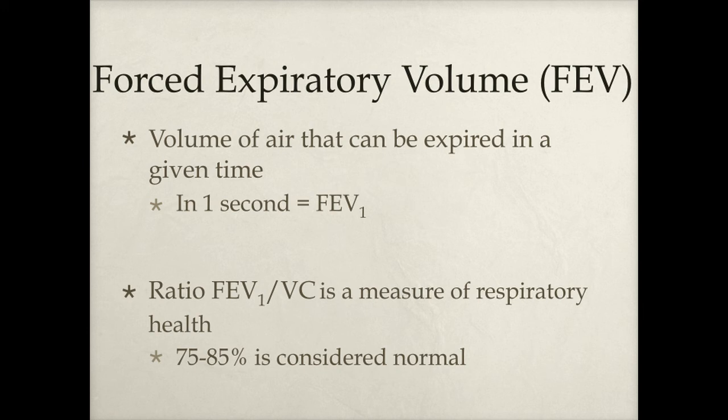That means they're blowing out 75 to 85% of the air in their lungs in that first second. If the percentage is lower than that, then the subject has a decreased or diminished FEV, and that may indicate some type of respiratory problem, perhaps emphysema, chronic bronchitis, or asthma. We'll talk about some of those conditions in a moment.